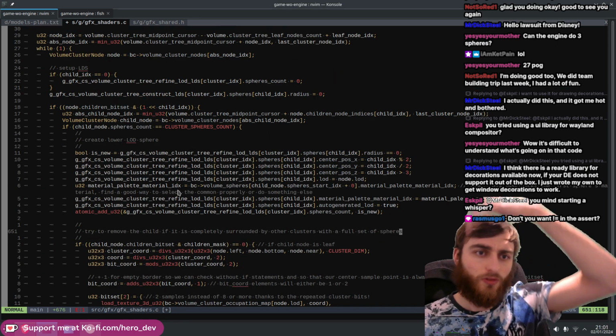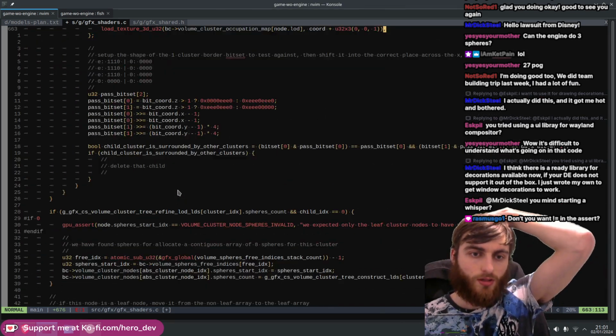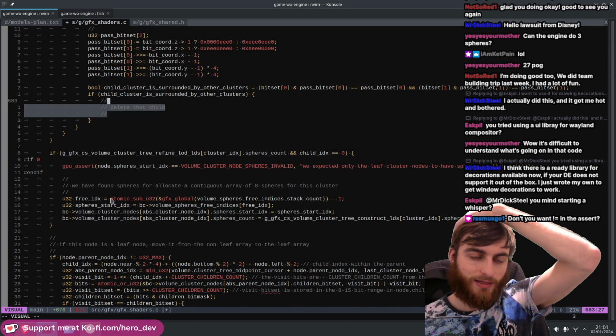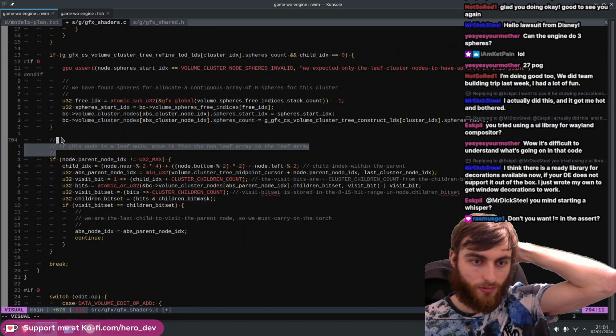So there's 2 bits of code we've got right now, and then we should be done with the shader. That is delete the node, and this piece of code here.